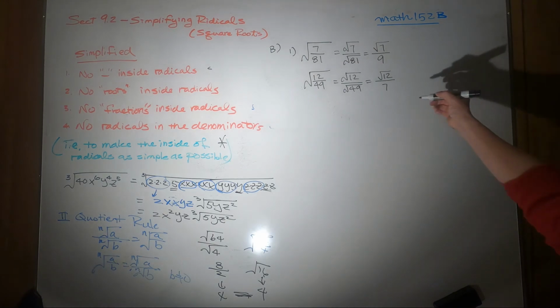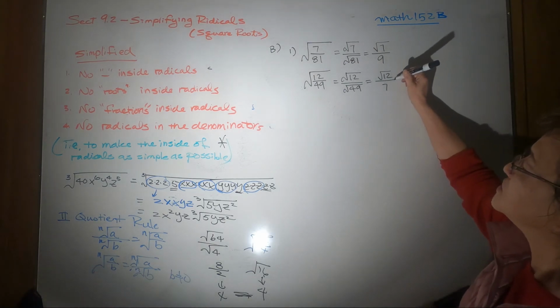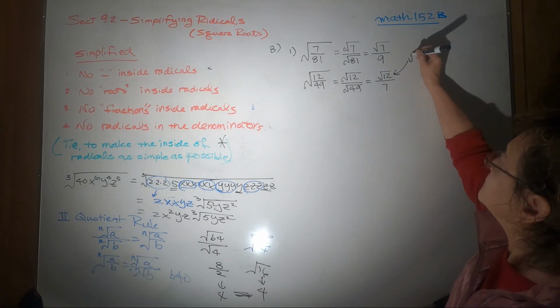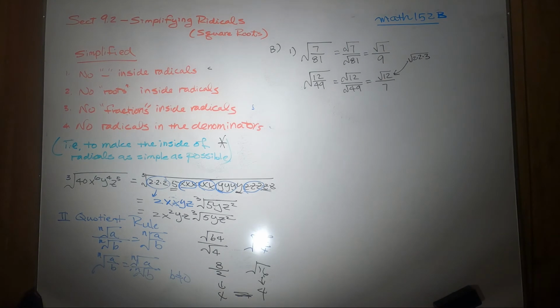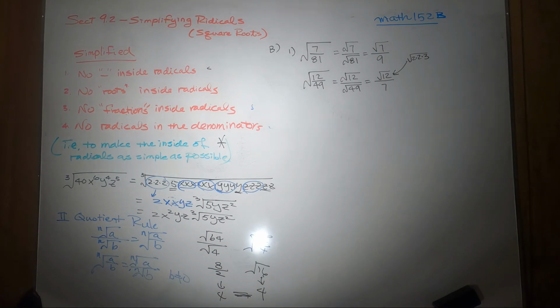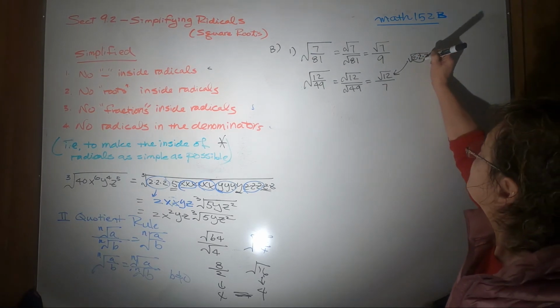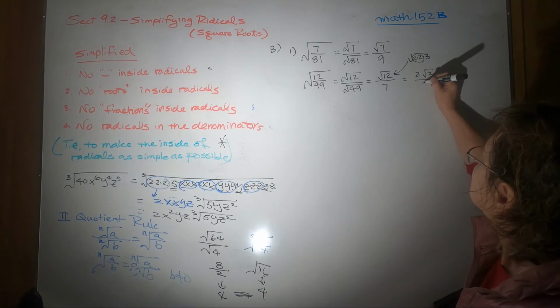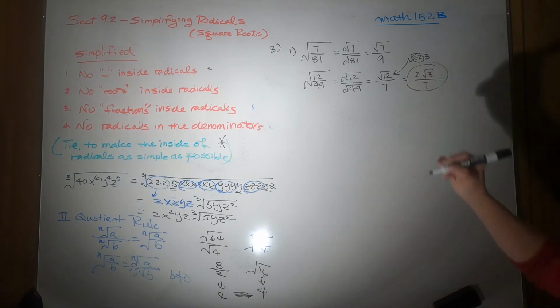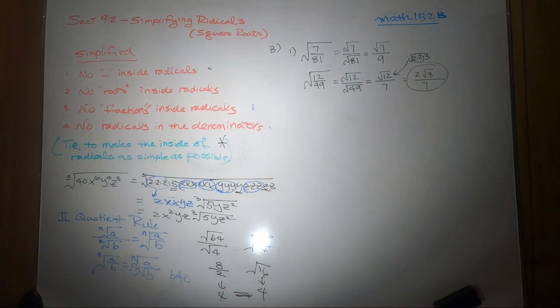Then you need to check whether or not 12 is the simplest one. Because 12 is what? 2 times 2 times 3, right? 4 times 3, yes. It's a square root, so you need to show the root of the square. So you should write 2 square root of 3 over 7. So that would be the simplest way to show that radical.